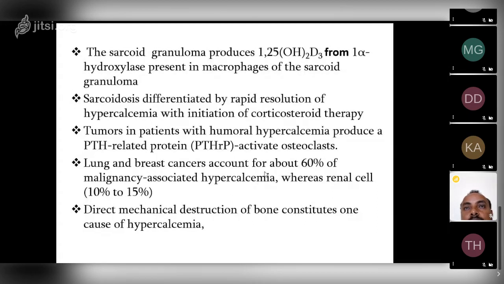Tumors and other malignancies in patients with humoral hypercalcemia produce parathyroid-related proteins, and these proteins activate the osteoclasts and increase the calcium level. Lung and breast cancers account for about 60% of malignancy-associated hypercalcemia, whereas renal malignancy accounts for 10 to 15%.